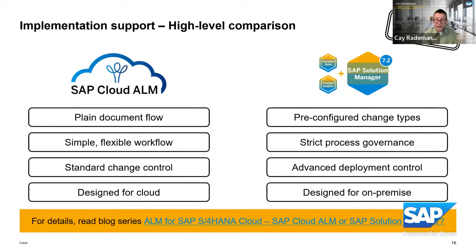This means that it contains a lot of functionality within the SAP Solution Manager that is required for managing all kinds of on-premise deployments, implementations. With SAP Cloud ALM, we have a design for cloud-centric customers, and cloud also means flexibility.